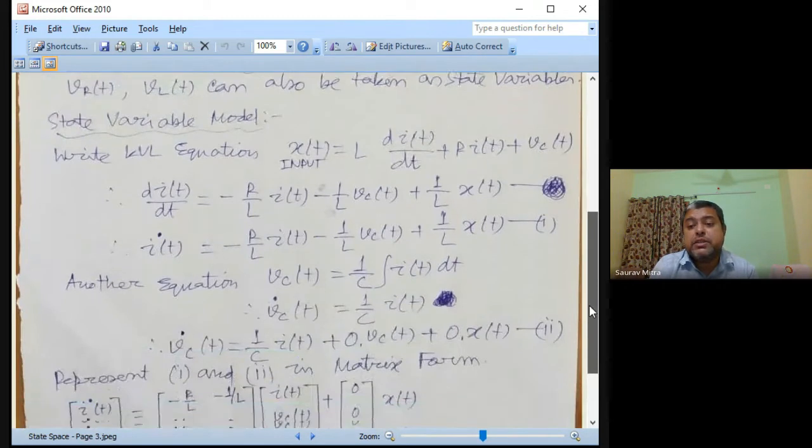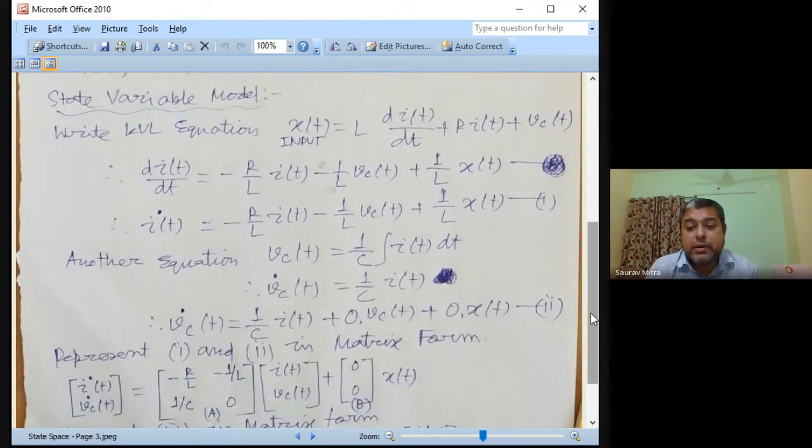The first and second equations we have written from our expertise in the domain of electrical networks. So we have written two equations: i dot t is equal to minus R by L of i(t) minus 1 by L of v_C(t) plus 1 by L of x(t). What x(t) is we don't know, but we can write it like this. The second equation we have written, v_C dot t is equal to 1 by C i(t), the same equation written as 1 by C i(t) plus 0 v_C(t) plus 0 x(t).